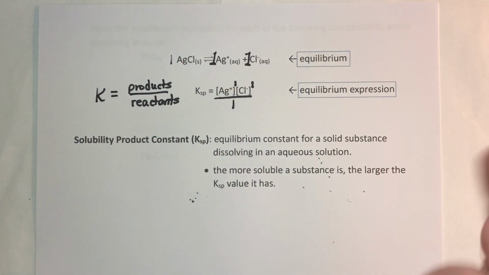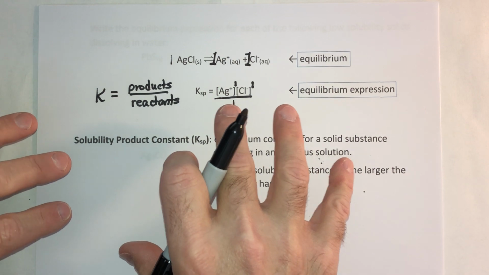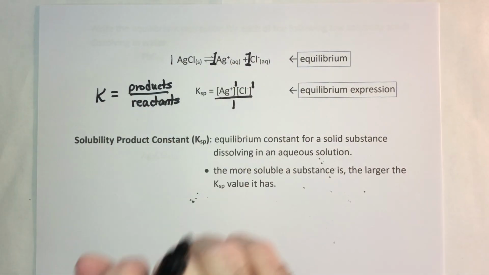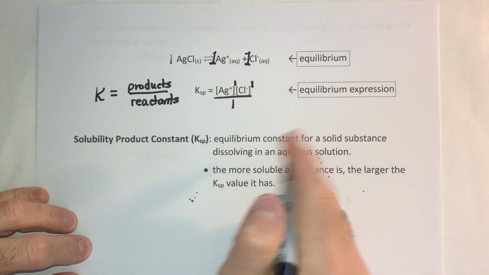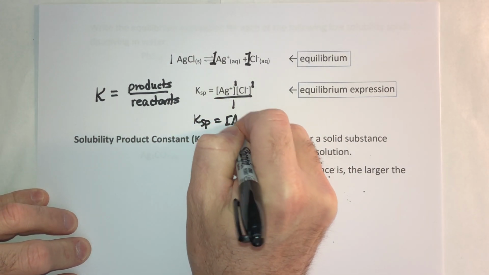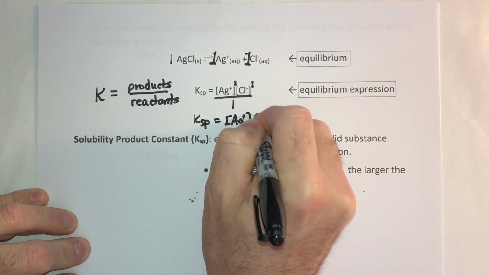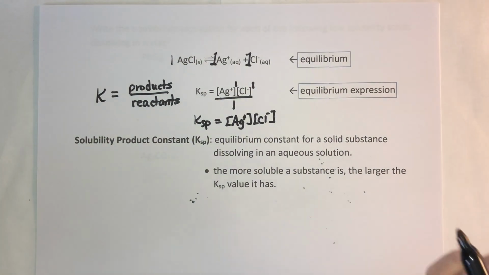Again, the video on heterogeneous equilibrium expressions goes over this in a much more thorough way, so if you are feeling a little lost, you might want to go back. And if you have a denominator of 1, you don't have to write it down, so we just write it as [Ag+] times [Cl-]. Power of 1, power of 1.